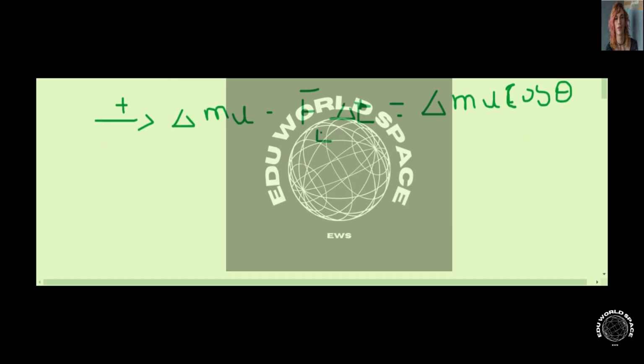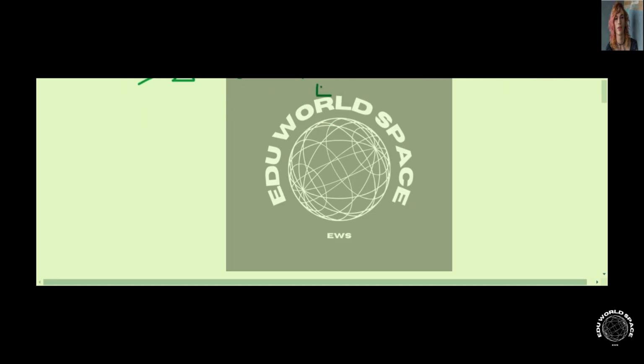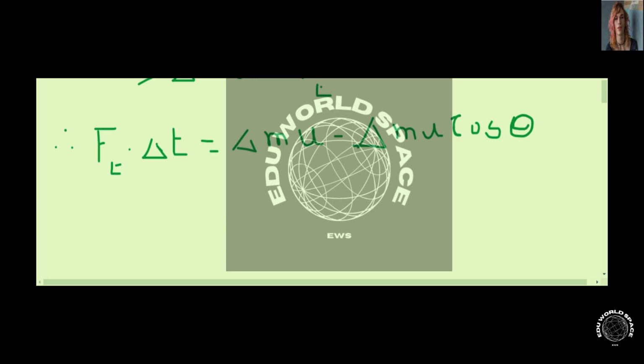Here we are going to simplify this equation and rewrite it in the form of F_t times delta t will be equal to delta m u minus delta m u cos theta, which is equal to, taking delta m u common, delta m u times 1 minus cos theta.